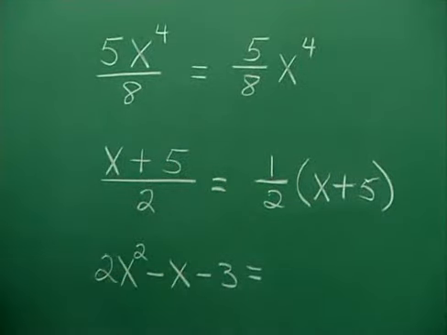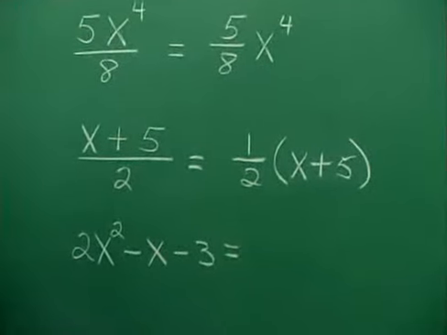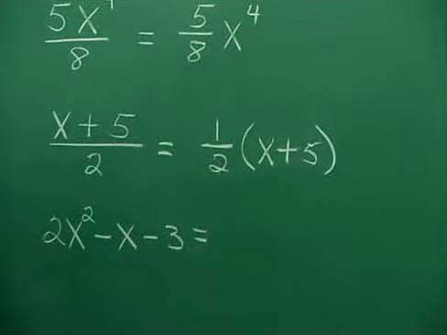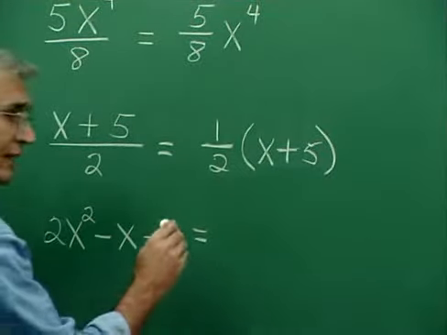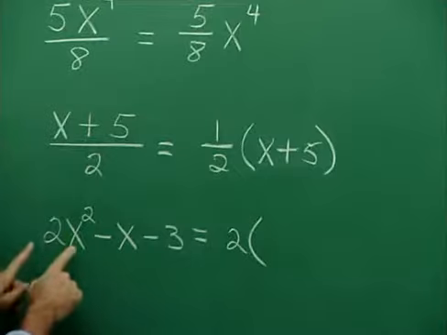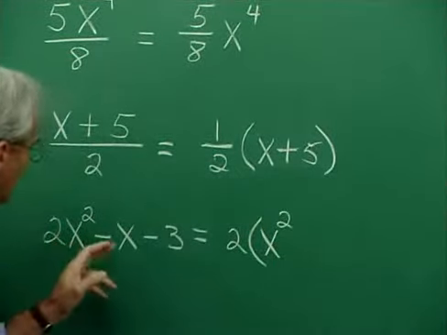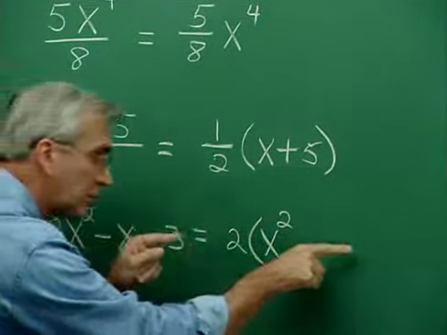Now here, we're going to force a factorization to occur. Let's say that I want to force the factorization of 2 out of this entire expression. Now you might say, well, gee, we don't have a 2 factor here, we don't have a 2 factor here. Well, we can force that factorization like this. We snag 2 out of this term in the usual way. We're left with x squared. Now, we can actually pull 2 out of these two terms by just imagining what we need to multiply against.